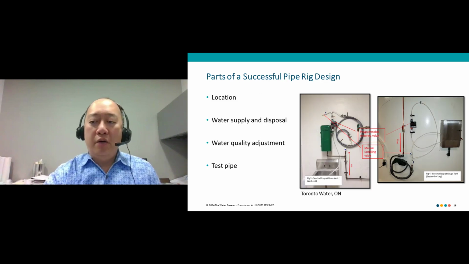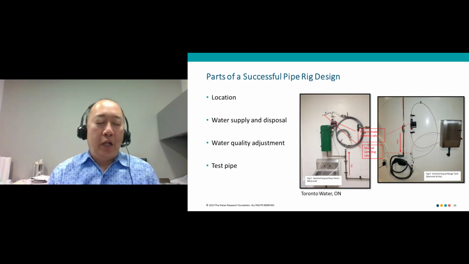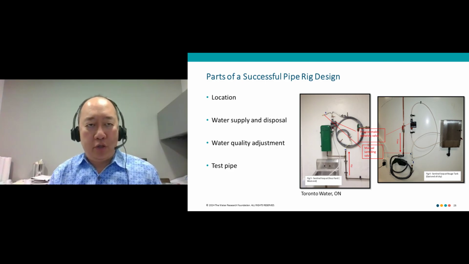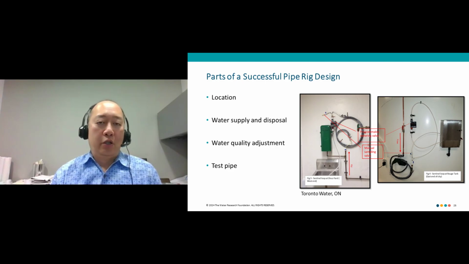The parts of a successful pipe rig design really fell into 4 main categories, and I'll talk about the first 3, which is the location, where do you put these in, water supply and disposal, and their implications on that, and then water quality adjustment. This is especially important for those systems who are looking to change pH, alkalinity, or orthophosphate doses.